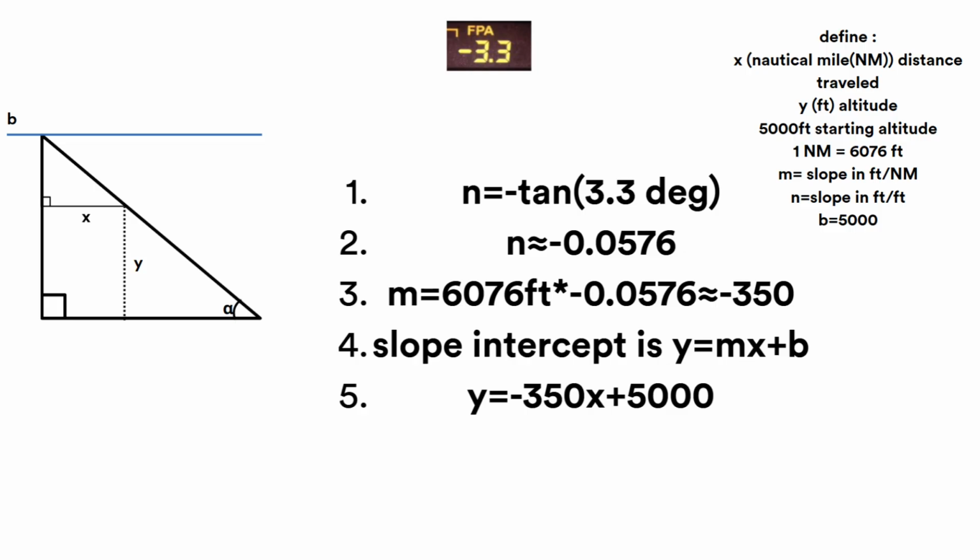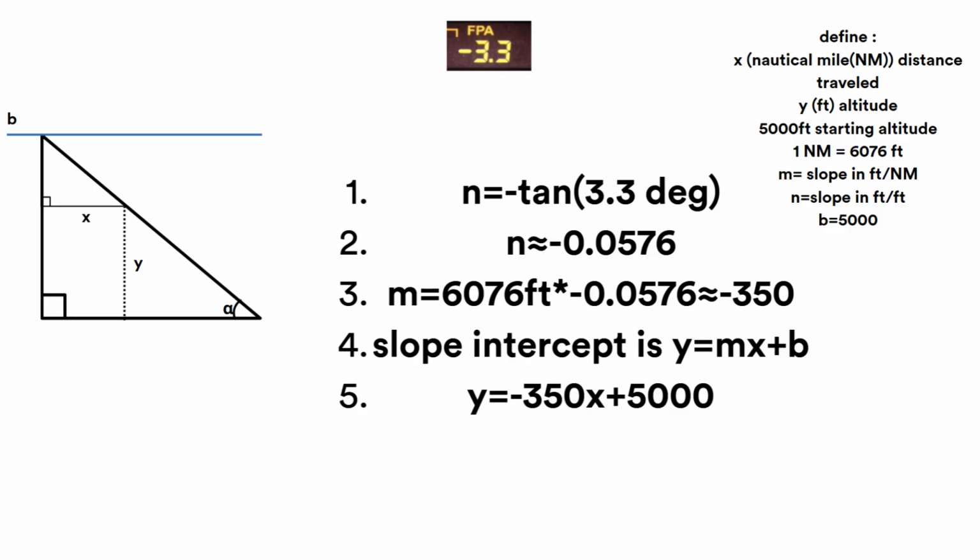And 1 nautical mile equals 6,076 feet. So for 1 nautical mile forward, the aircraft drops 350 feet because 0.0576 multiplied by 6,076 equals 350. That is our slope. M equals negative 350 feet per nautical mile.